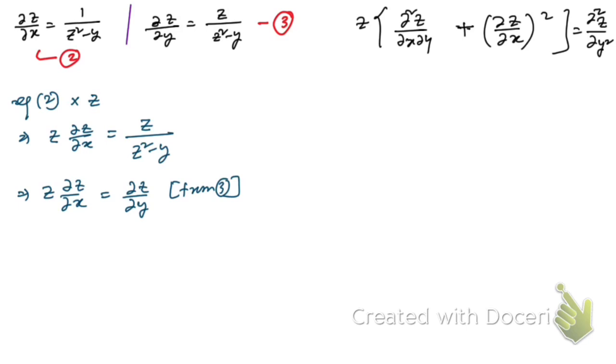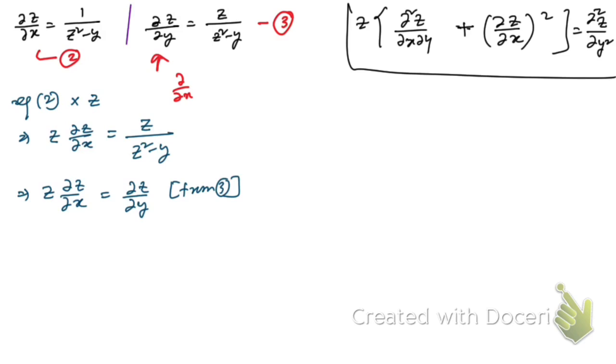That's what we need to prove. So to prove this one, as we need del 2 z by del x del y, we're going to differentiate this with respect to x again partially.